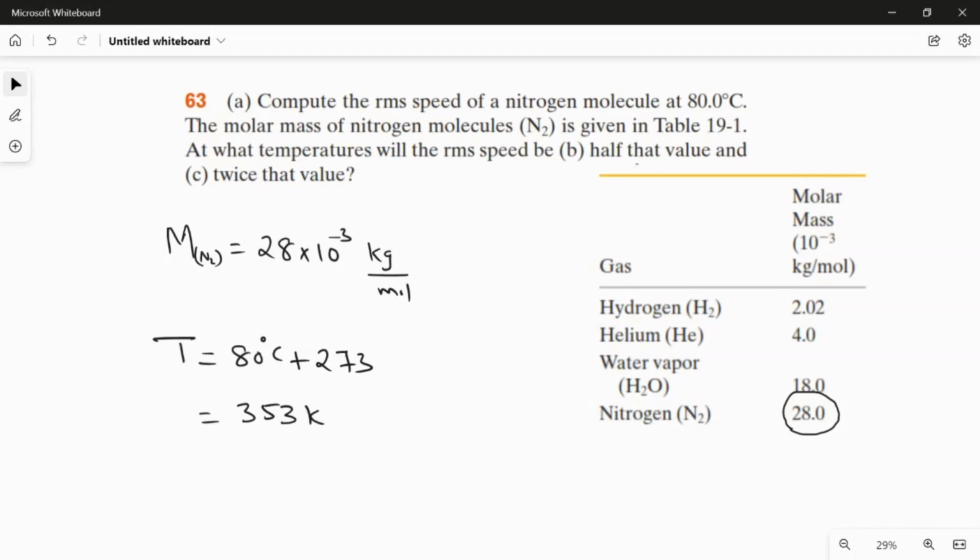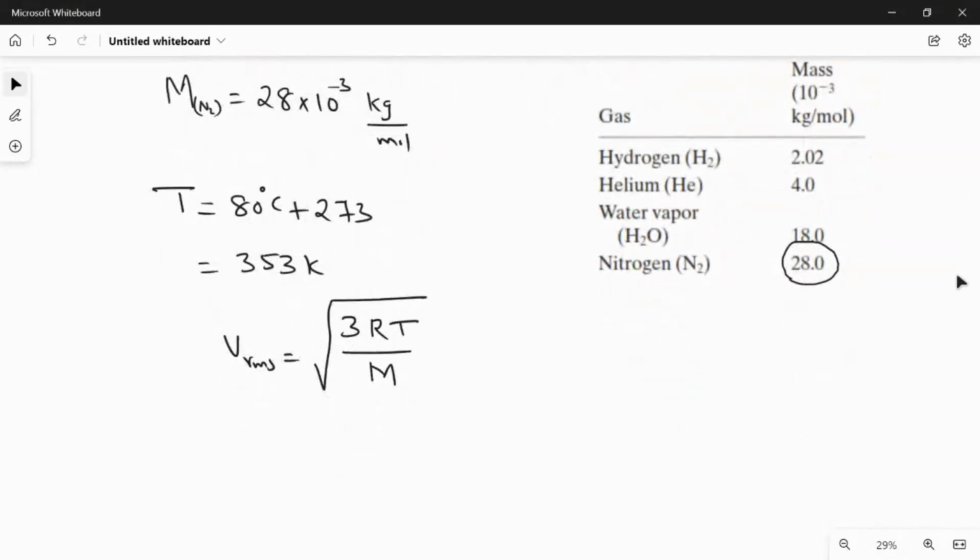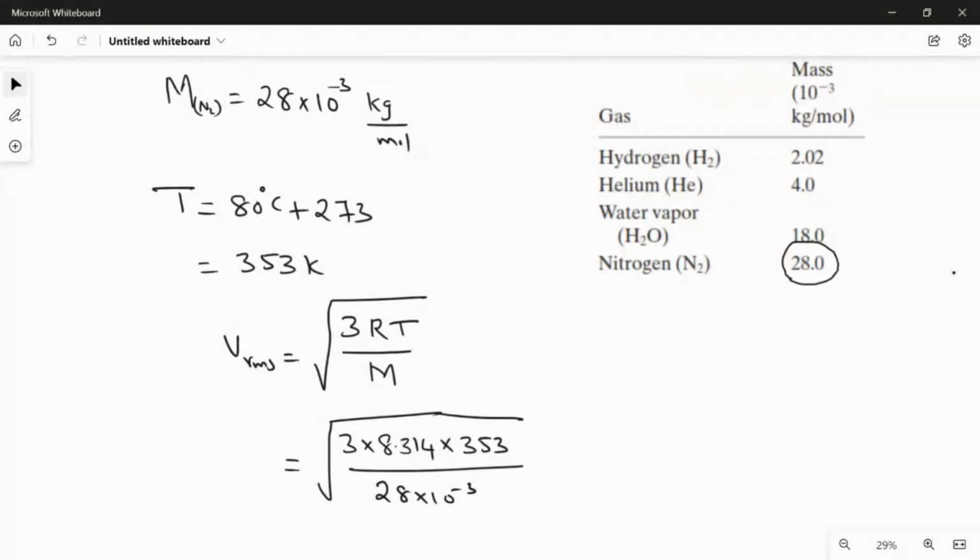And for this, we are going to calculate the VRMS, that means the root mean square speed. VRMS is equal to the square root of 3RT over M, where M is the molar mass, R is the gas constant, and T is the temperature. So I am going to substitute the values: square root of 3 multiplied by 8.314 multiplied by the temperature 353, over the molar mass of nitrogen, 28 multiplied by 10 power minus 3.